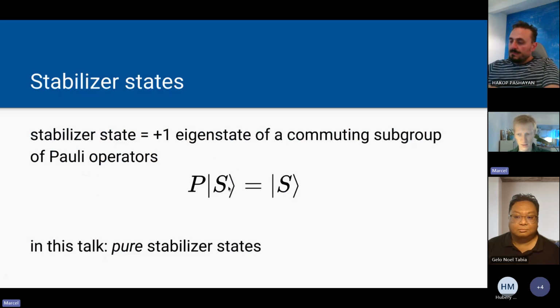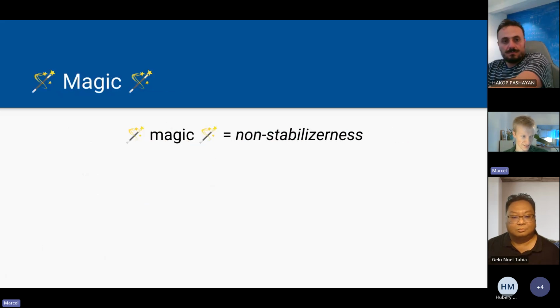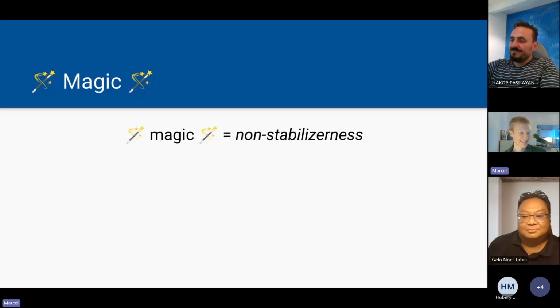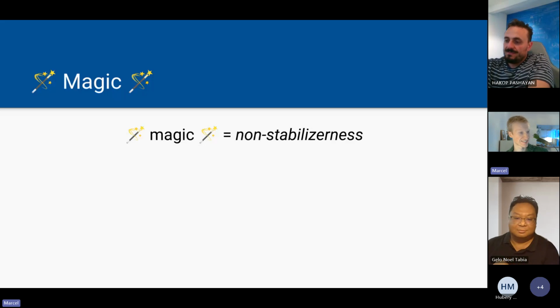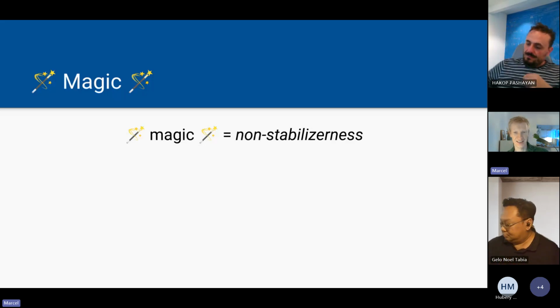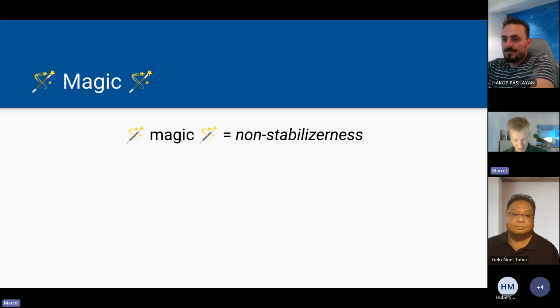For now, it's really important that we all agree that stabilizer states are an important class of states that's interesting to study. But there's one thing that stabilizer states lack, and that thing is magic. It's a very fancy term, but really what it means is that magic is a resource that quantifies the non-stabilizerness of some state. And why do we care about this resource?